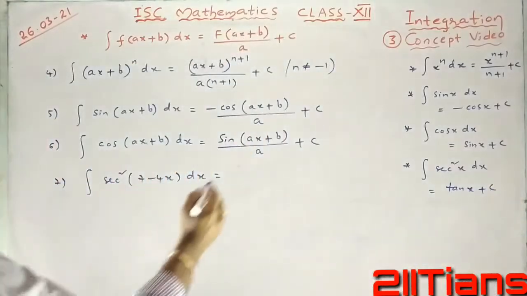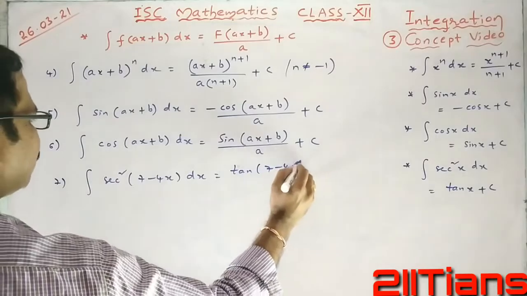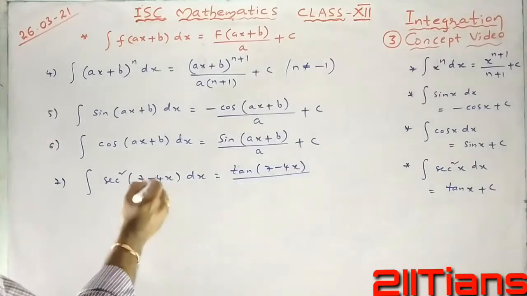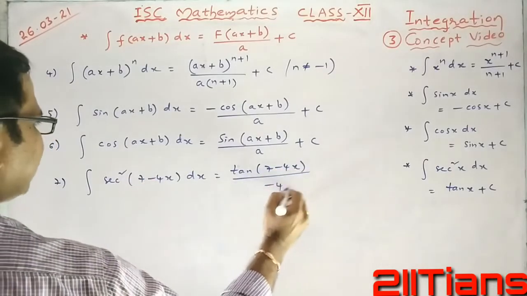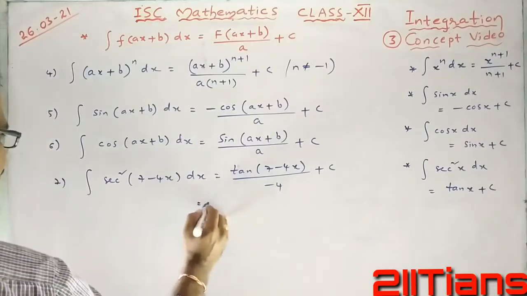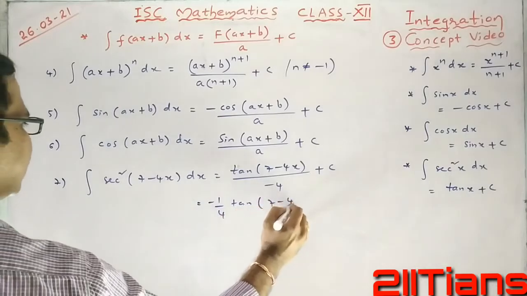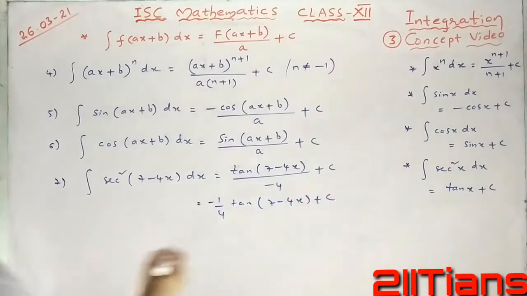So we can write tan of 7 minus 4x upon, what is the coefficient of x here? Minus 4, plus c. Right? That is the final answer. Clear? Otherwise we can write minus 1 by 4 tan of 7 minus 4x plus c.